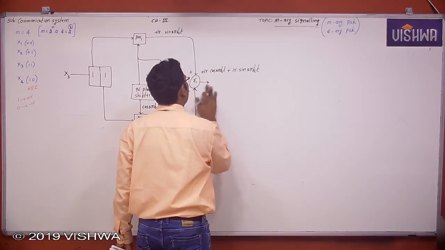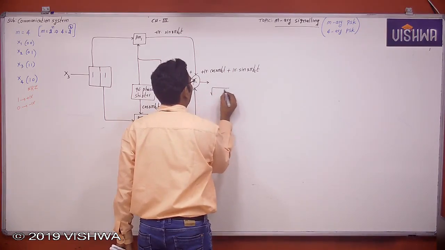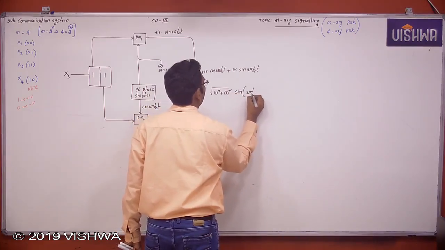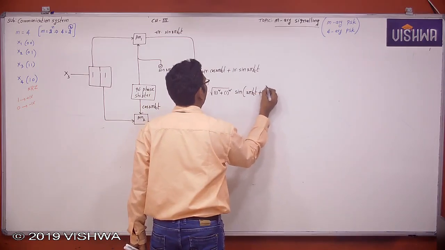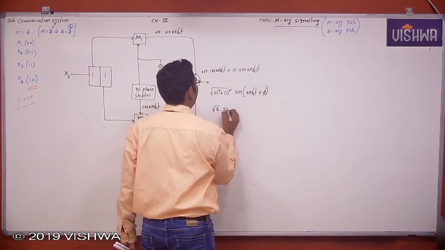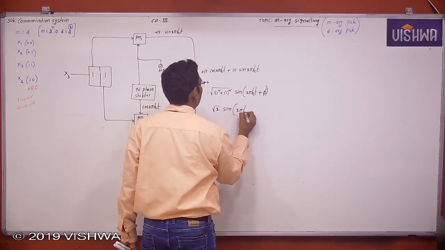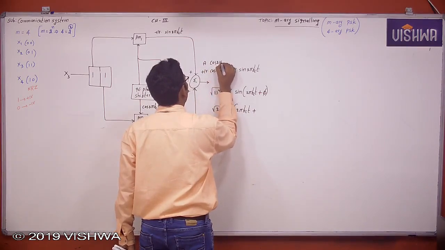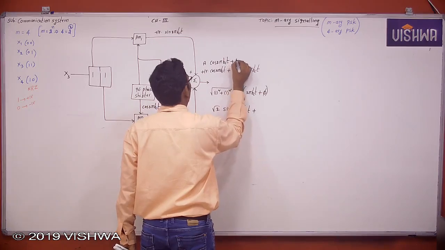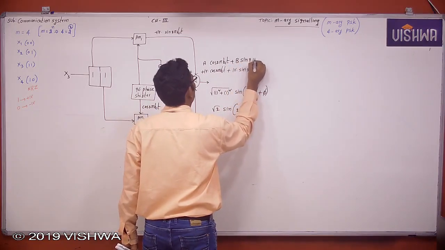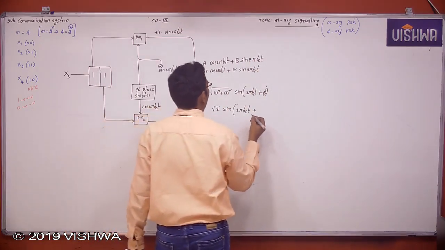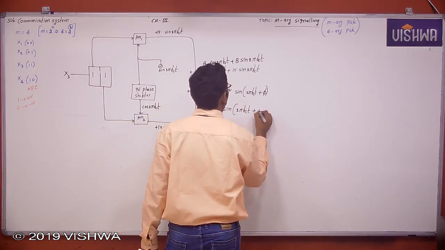If you want to find the phase, represent it in terms of magnitude: square root of A square plus B square, sine of 2 pi FCT plus phi, where phi is tan inverse of B by A. This is A cos 2 pi FCT plus B sine 2 pi FCT.